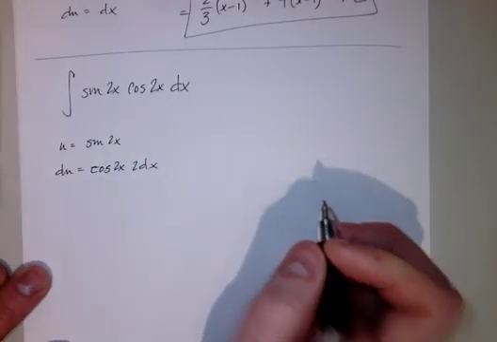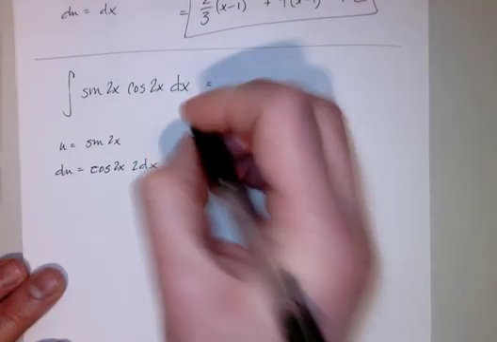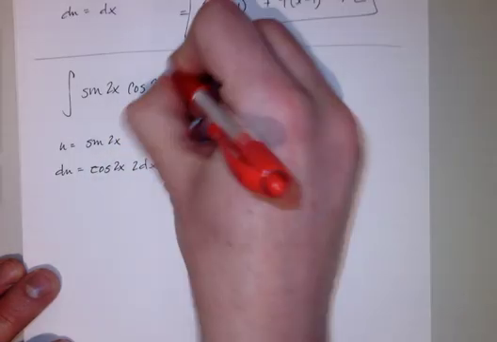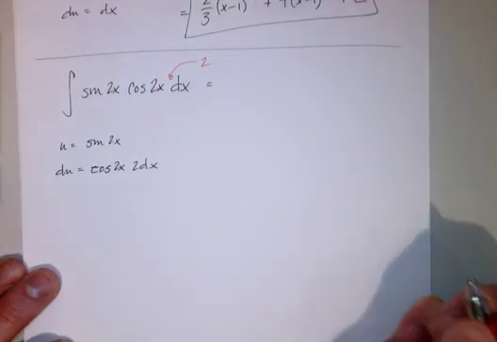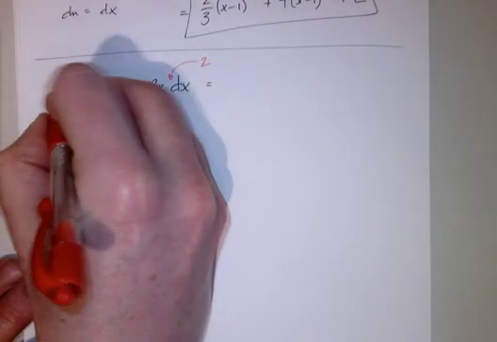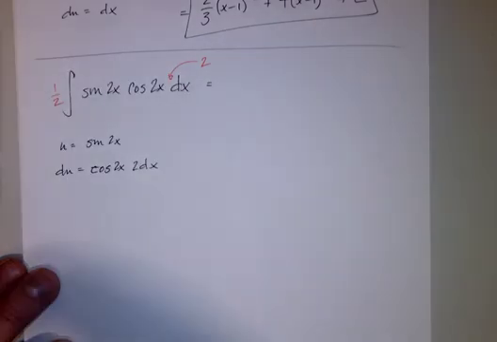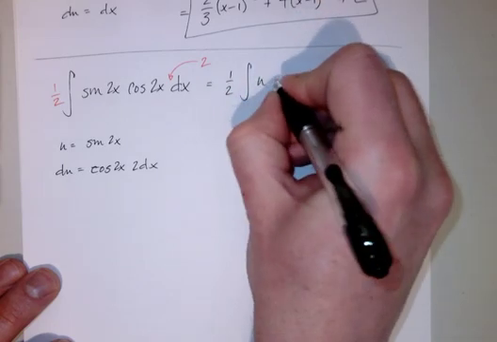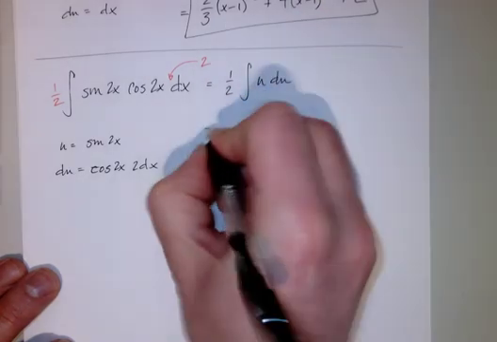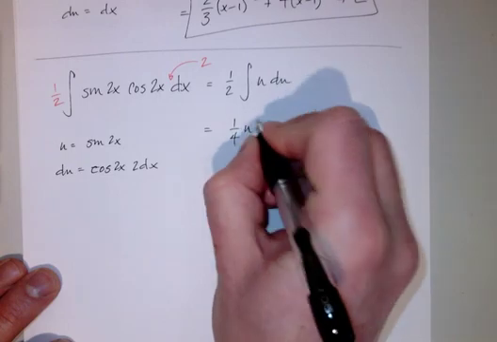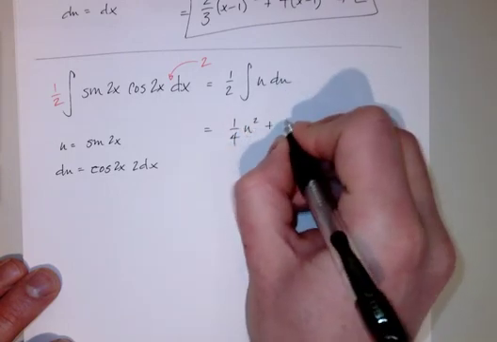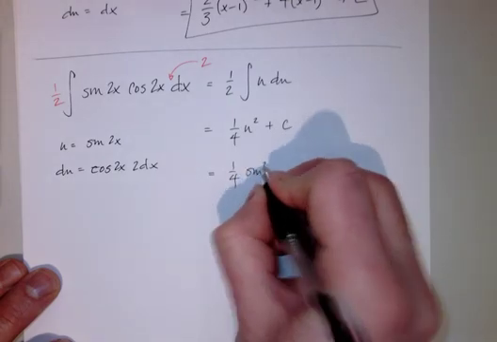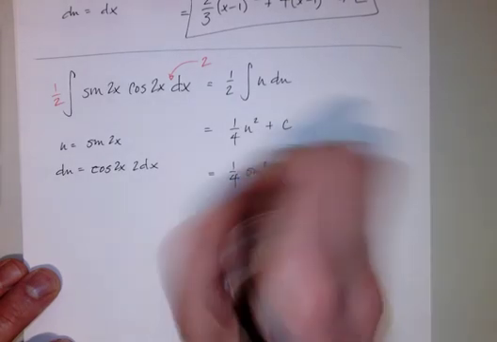If I do it that way, all I need to do is take a 2 and shove it in there, okay? And then put the 1/2 out in front, and I wind up getting 1/2 u du, which winds up being 1/4 u squared plus c, or 1/4 sine squared 2x plus c.